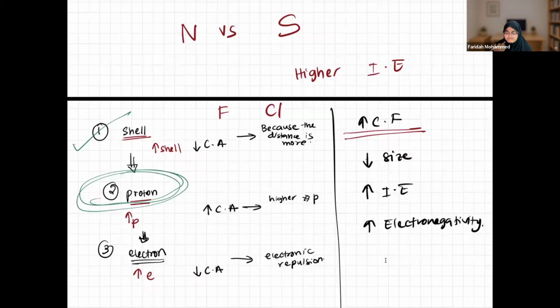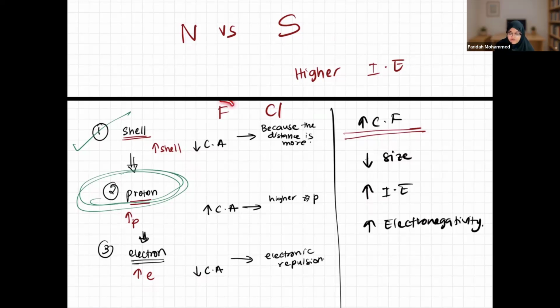I know they are very particular. If you want to get the full point, you just have to follow what they want. So you cannot talk about radius or size. If you want to talk about the distance, talk about the distance between the nucleus and the outermost shell.